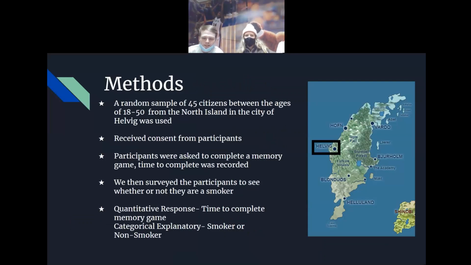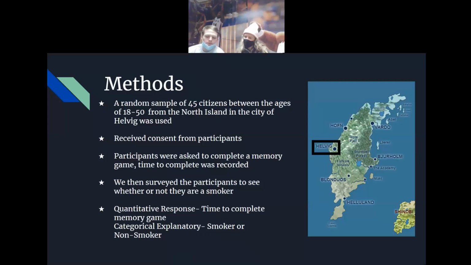The data collection consisted of 45 citizens, all aged 18 to 50, and we received consent from all of these participants as well. We also used a website called the Google Number Generator. Whichever number was generated, we knocked on that house and collected data on that participant.